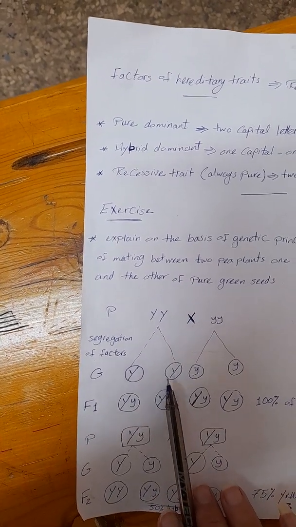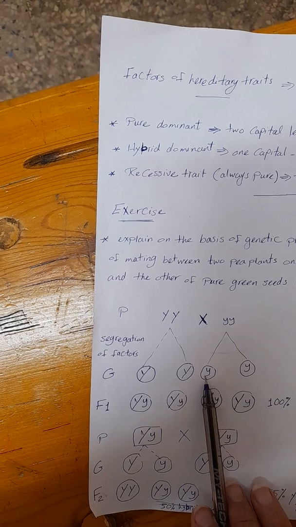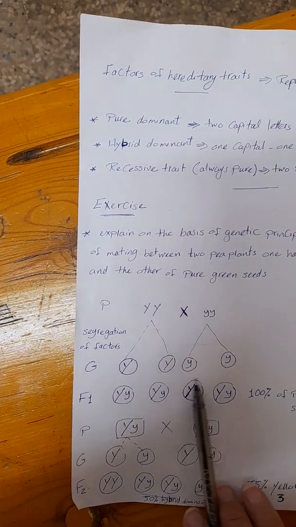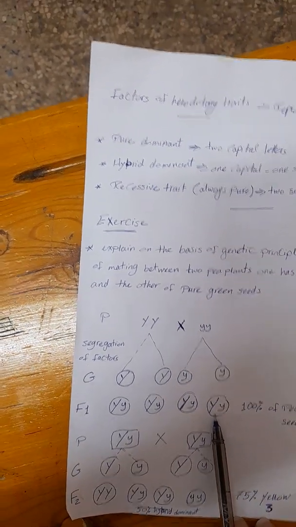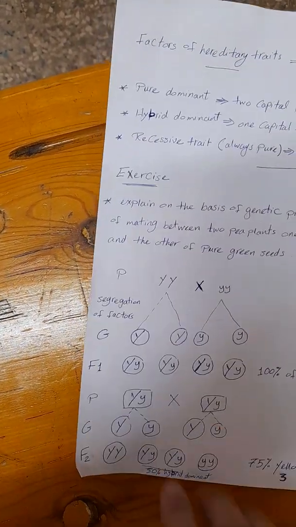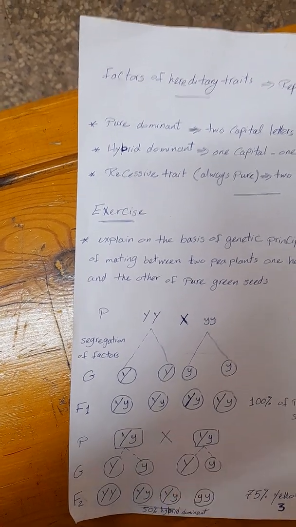The other gamete from the first plant, Y, combined with small y, producing capital Y, small y, and the last combined with the other gamete, producing capital Y, small y. So all the factors in the first generation are capital Y, small y.